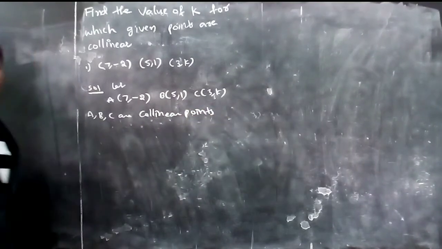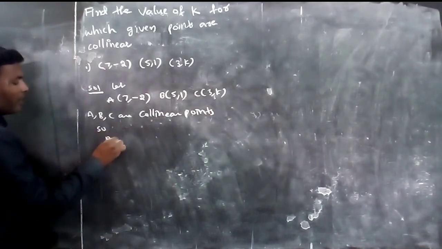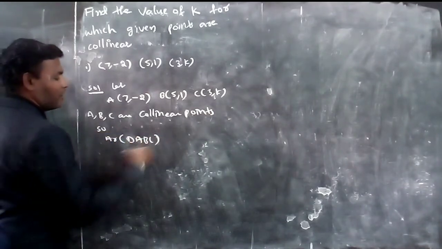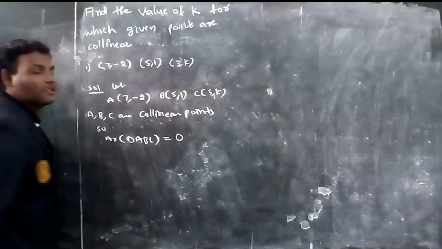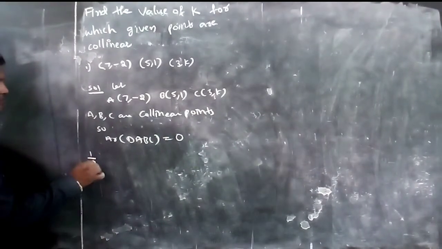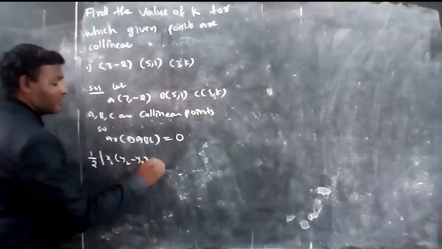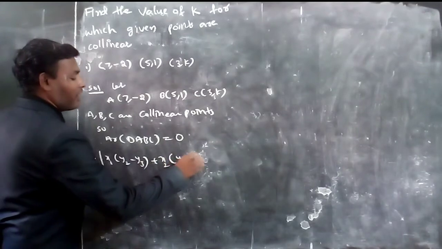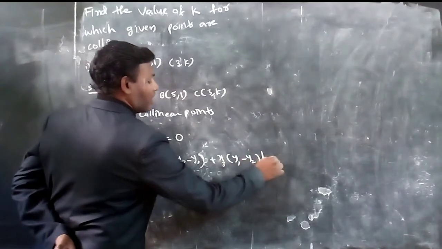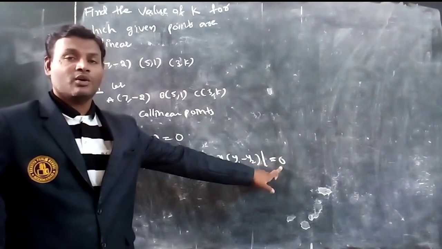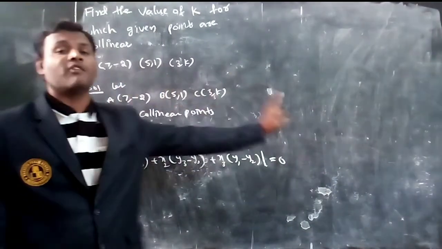So the area of the triangle formed by A, B, C is equal to 0. The formula 1 by 2 mod x1 bracket y2 minus y3 plus x2 bracket y3 minus y1 plus x3 bracket y1 minus y2 is equal to 0. Why 0 here? Because the given points are collinear, the area of the triangle of those points is equal to 0.